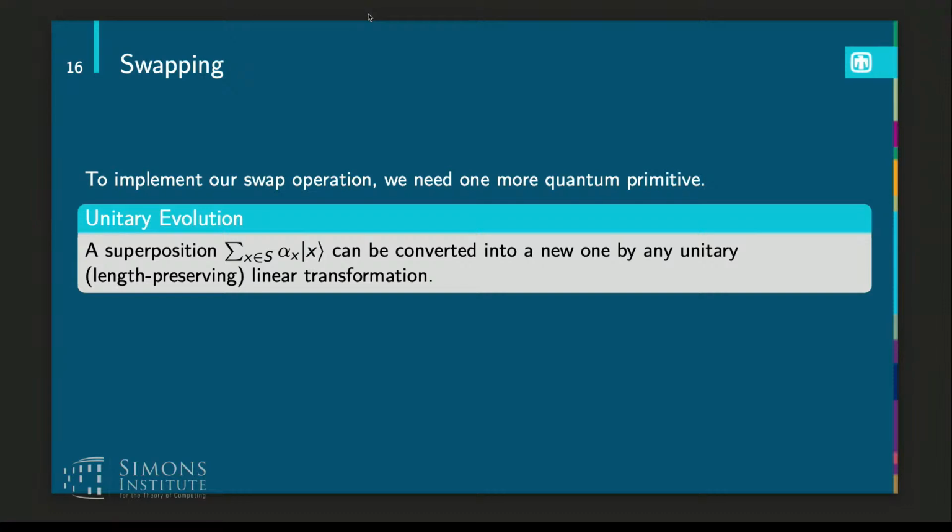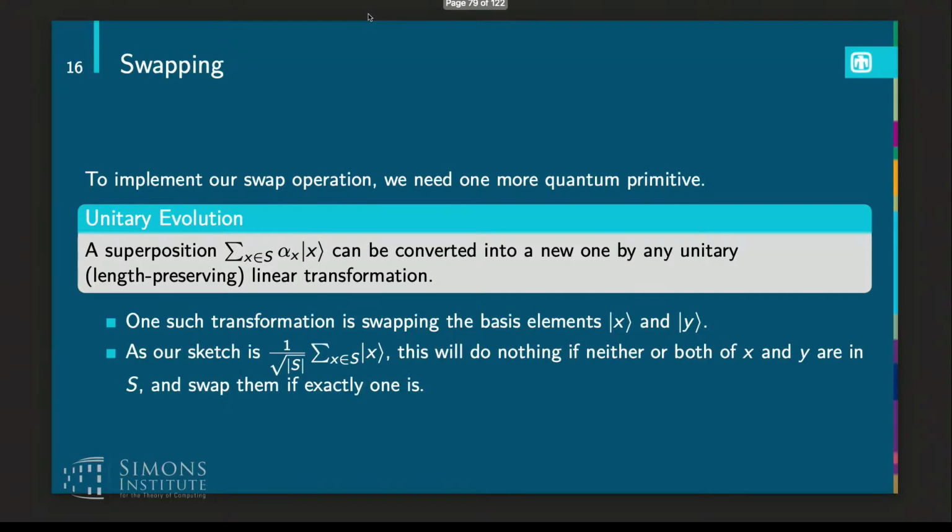But because valid states have to have length 1, these need to be length-preserving linear transformations. One very easy length-preserving linear transformation is to swap a pair of basis elements. So if you want to implement this swap xy operation, all you do is apply the transformation that swaps the basis elements corresponding to x and y to the vector.